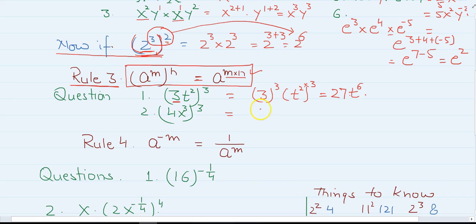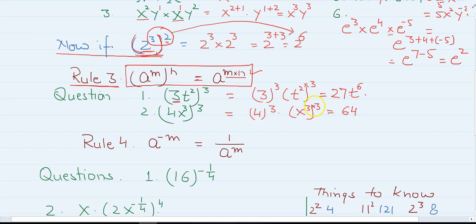Another example, we have 4x cube, whole power 3. So in the same way, we have to write 4 cubed separately, and then we have x to the power 3, whole power 3. 4 to the power 3 is 64, and this 3 and 3, we multiply.